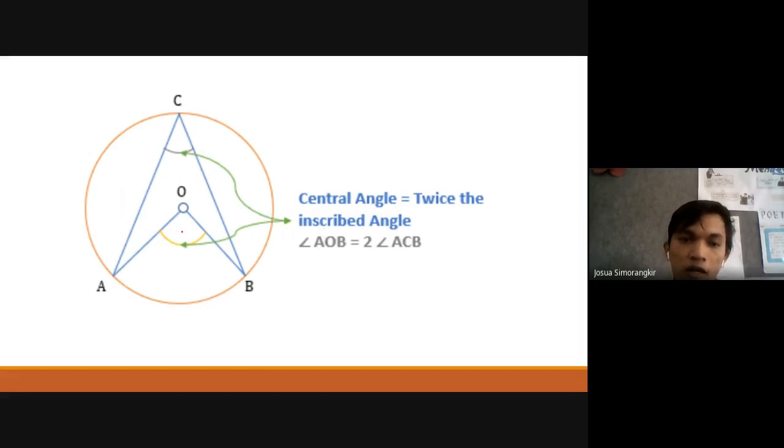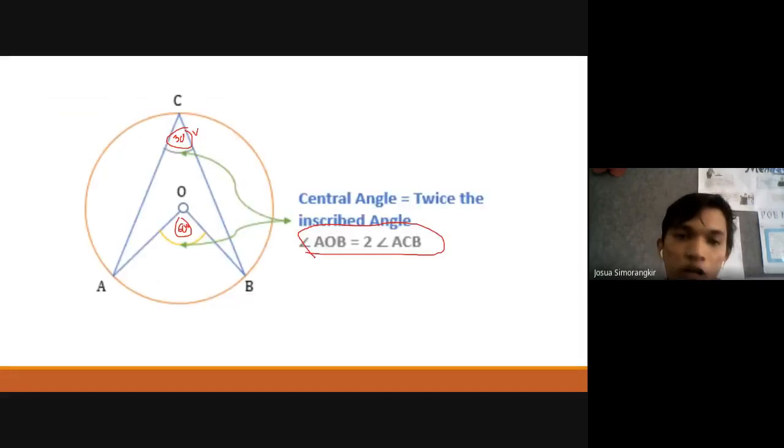For example, if the central angle here is 60 degrees, the inscribed angle must be 30, half of it, because the central angle is twice the inscribed angle. So I have explained this.